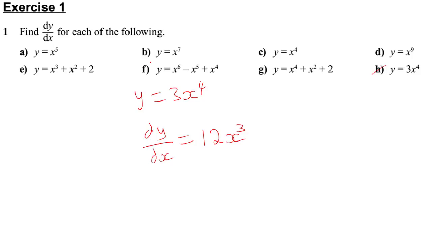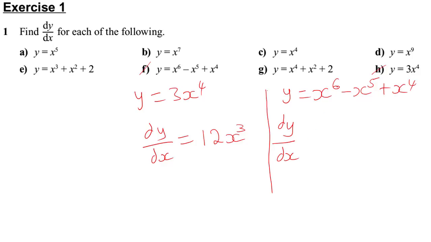Now I could do question F for you as well. So let's do question F. It says that y equals x to the power of 6 minus x to the power of 5 plus x to the power of 4. Now doing that, I've got dy/dx. 6 times 1 is going to be 6, and then the 6 is going to become 5 if you take away 1 from there.